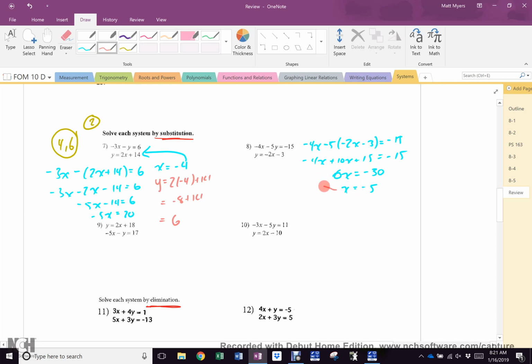Then I put that right there. Y equals -2 times -5 minus 3. 10 minus 3, 7. And my final answer is -5, 7. And I only need to check the top one. That's positive 20. And that's positive 35. 20 minus 35 is negative 15. So I did it right. So I get myself 2 marks.